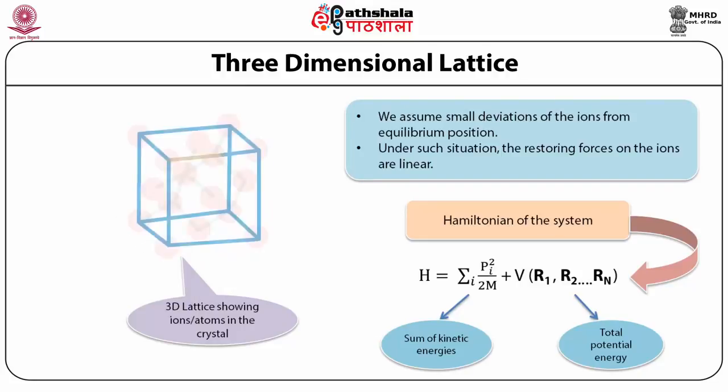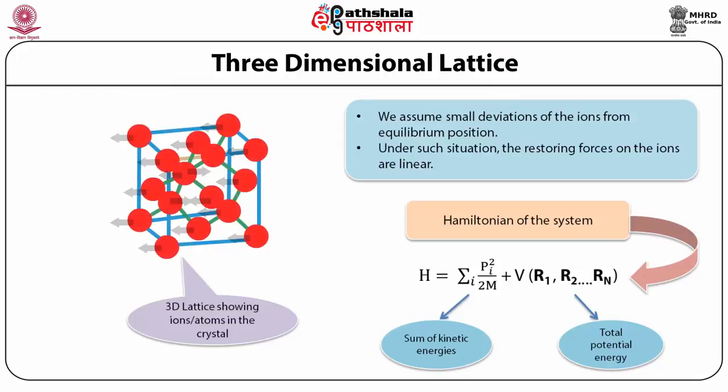Of course, this is only a very simplified view of the real lattice, but nevertheless, it gives you a very good idea and the basic understanding of the physics associated with the dynamics. Under this situation, the restoring forces on the ions are linear.